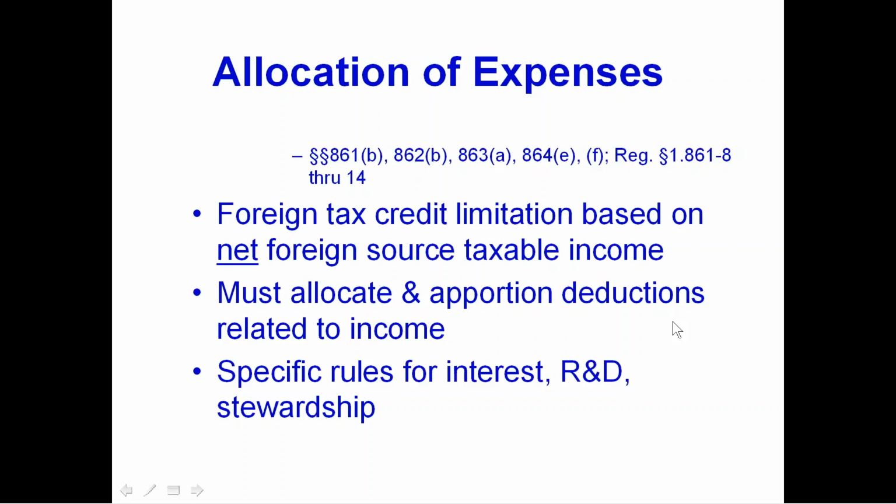The 861 rules have some general concepts in 1.861-8, and these are the concepts that are the hardest to understand of the rules because they're so terse. Then there are special rules for interest, R&D, contributions, stewardship, and state income taxes.